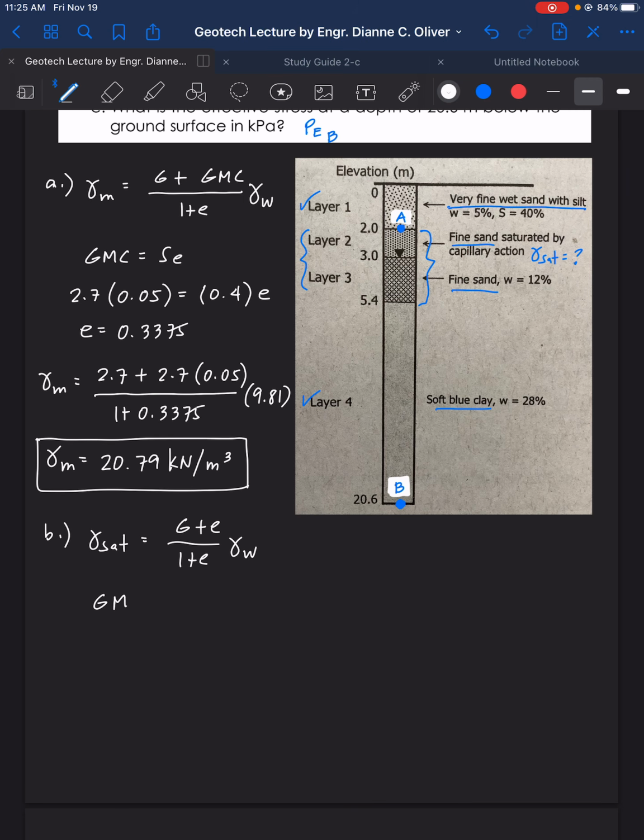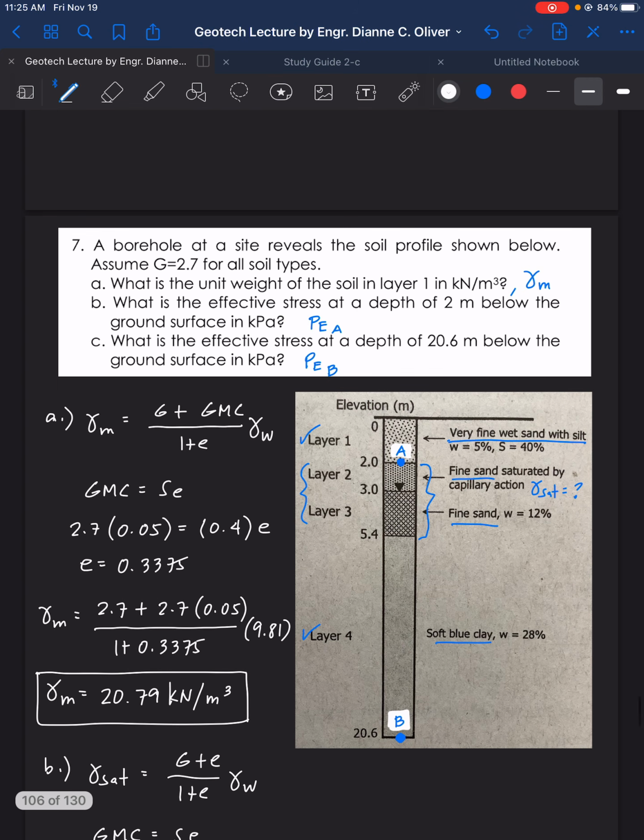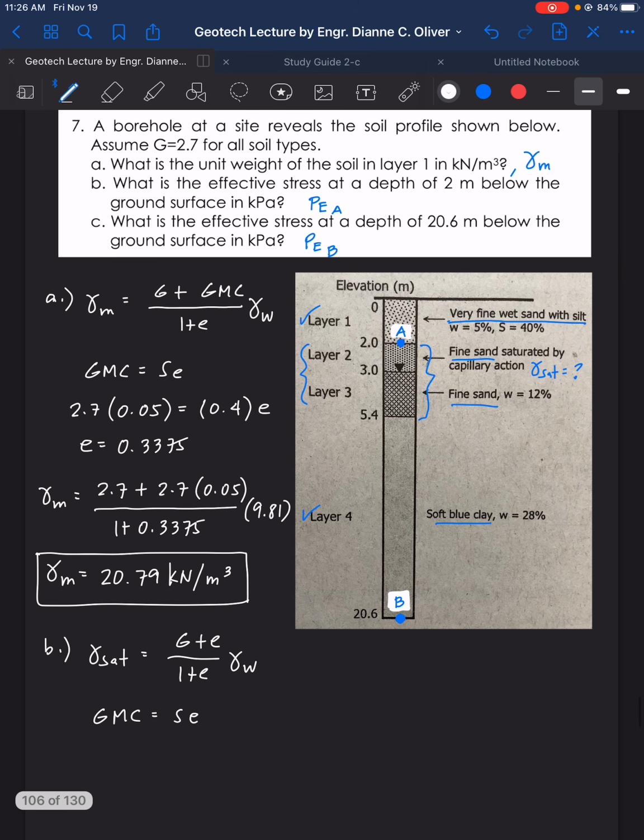So, G times MC equals S times E. So, the moisture content is given as, this one here, that is 12%.